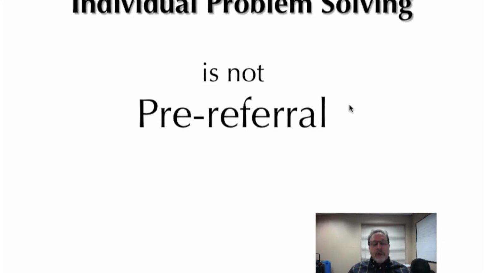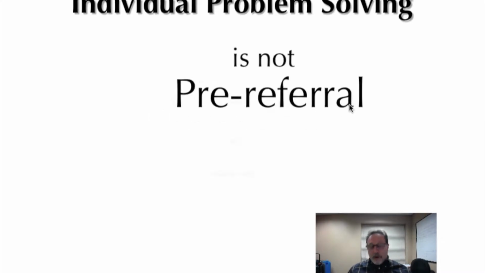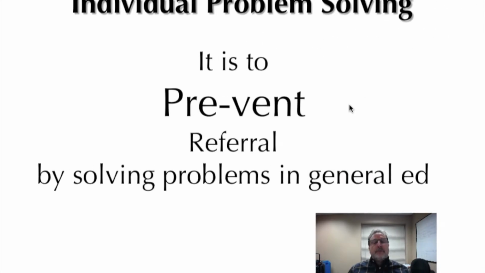But we really do not want to think of it as a pre-referral process, but actually just the opposite, that we are really hoping and intending to prevent referral by solving problems in general education.